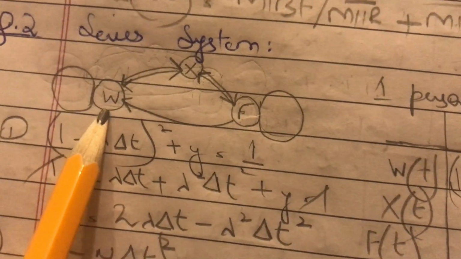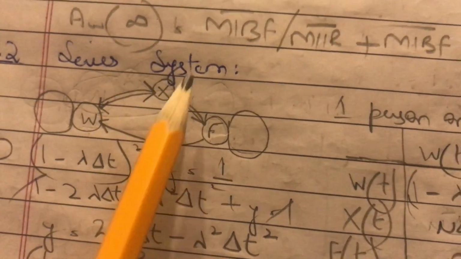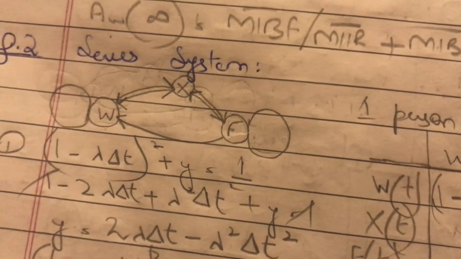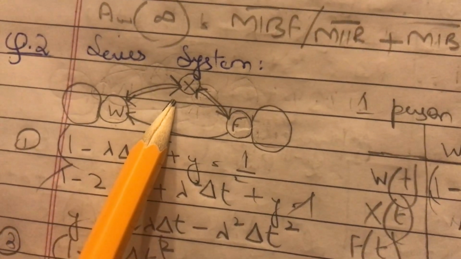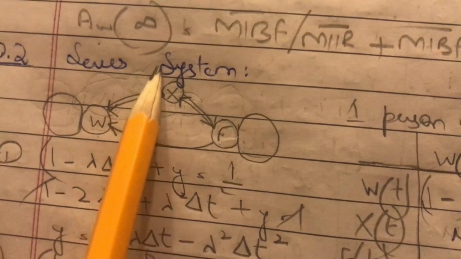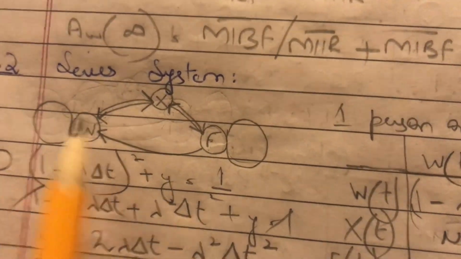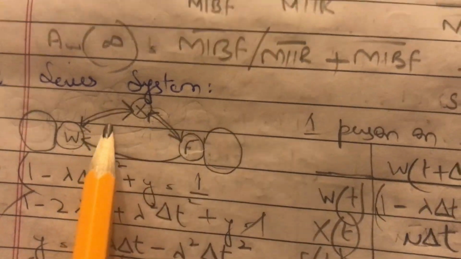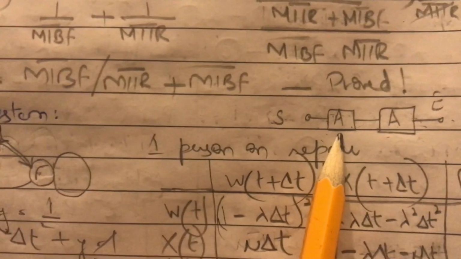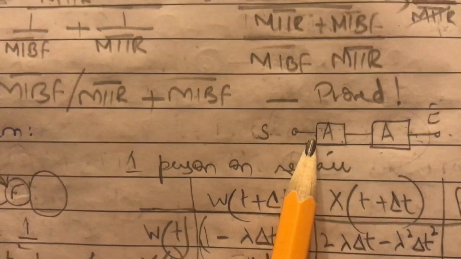The same thing happens here: we have a working state and a failure state, but we also have an access state. Now what is the access state? X is a random variable. When we are going from one state to another, we have a random variable in between, when we are not in the working state and not in the failed state. You know that in a series system, when one component fails, the overall system fails.